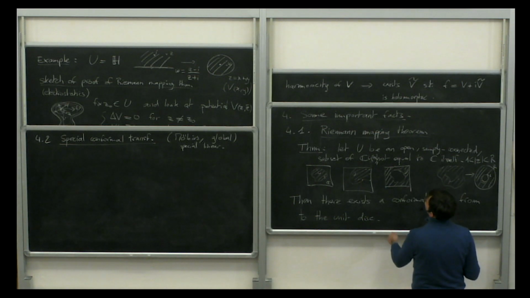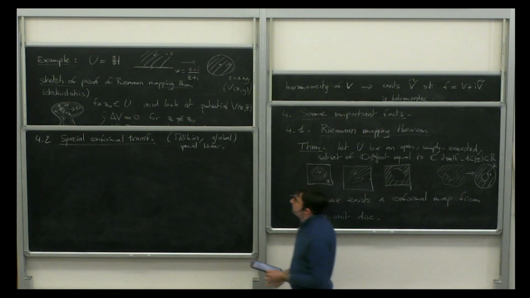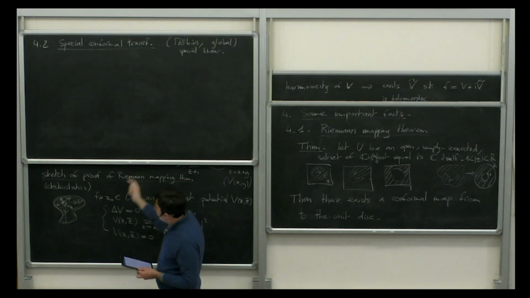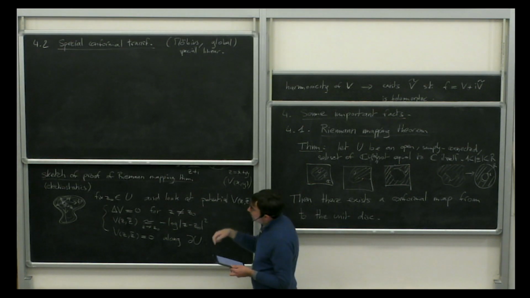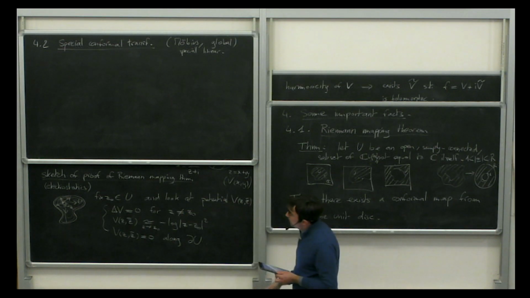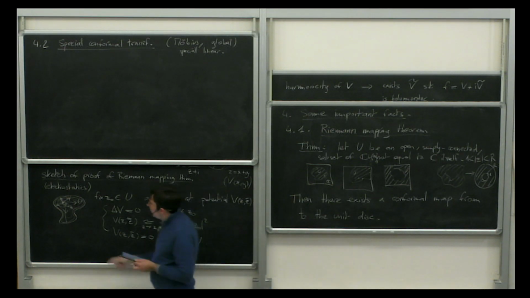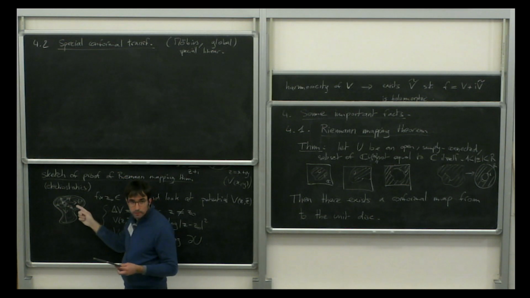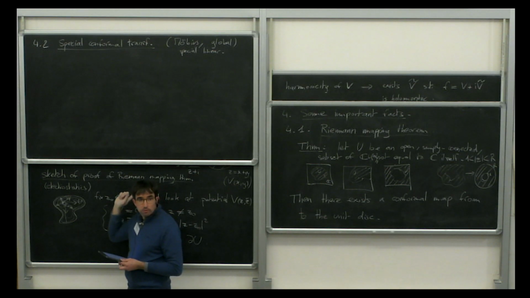If you look at what we just did for the Riemann mapping theorem, you see that to construct this map from this domain to the unit disk, I had to choose a point. I made a choice. I chose those points Z0. I could have chosen any other point, and this is the point that gets mapped to the origin in the construction.